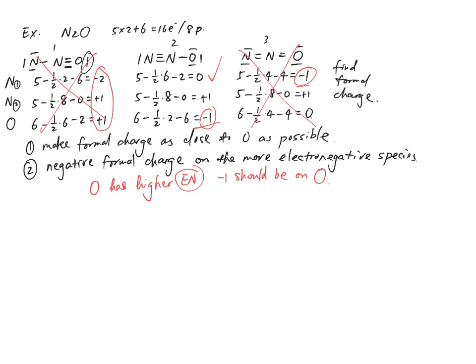Now, with molecules or polyatomic ions having equivalent structures, you would have a way to actually figure out which Lewis structure makes better sense. And of course, if you're looking at the structure of N2O here, you would think, well, you told us about how we draw the Lewis structure of carbon dioxide before.